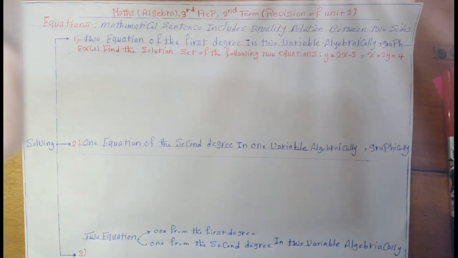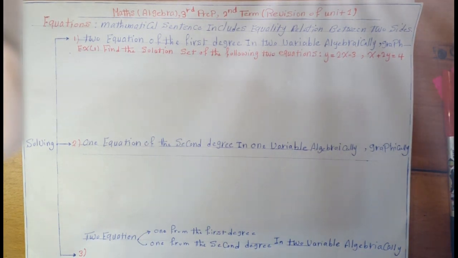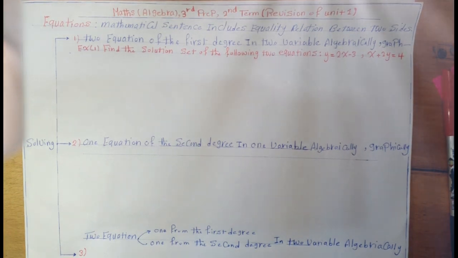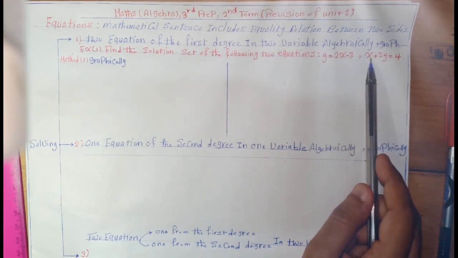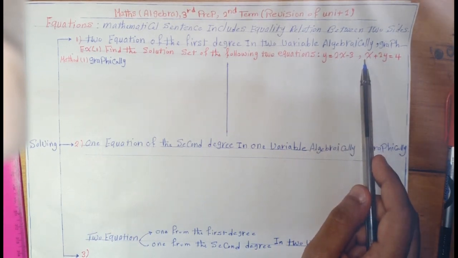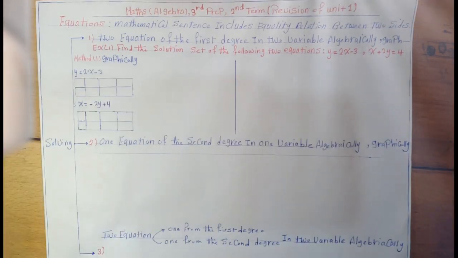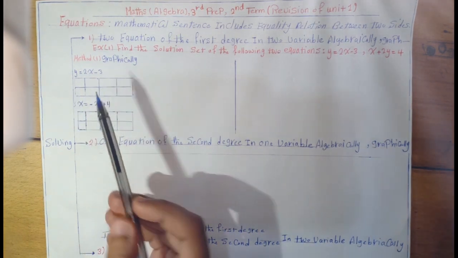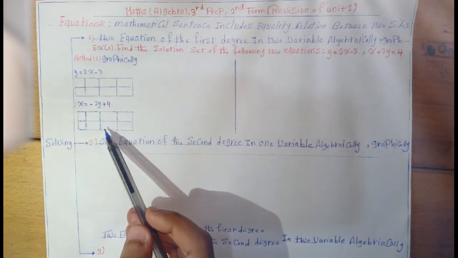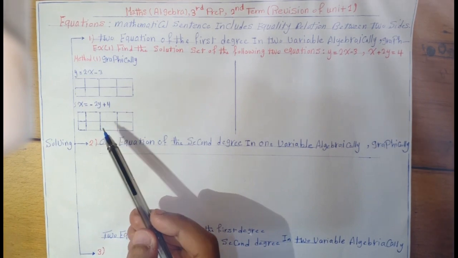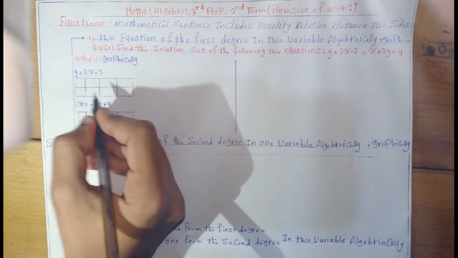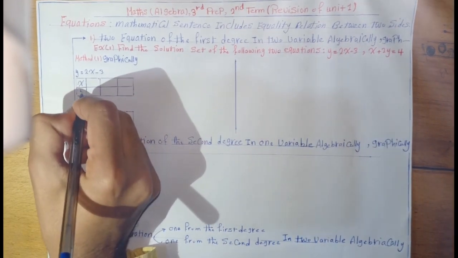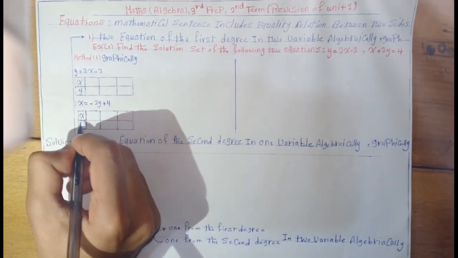We know that in this method we should have graph paper. Since we have two equations, then we will write two tables. This is the first table and this is the second table. We know that any table consists of x and y.